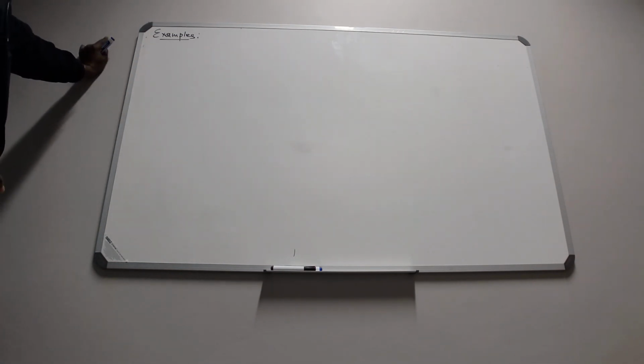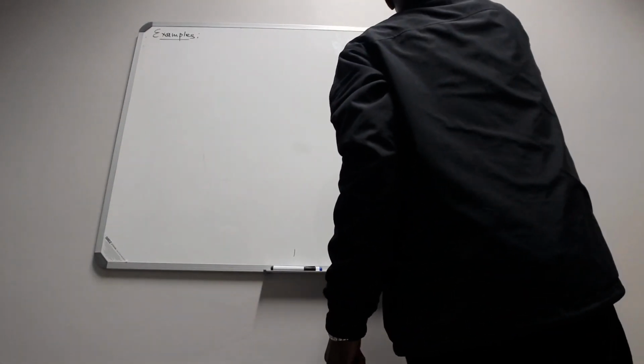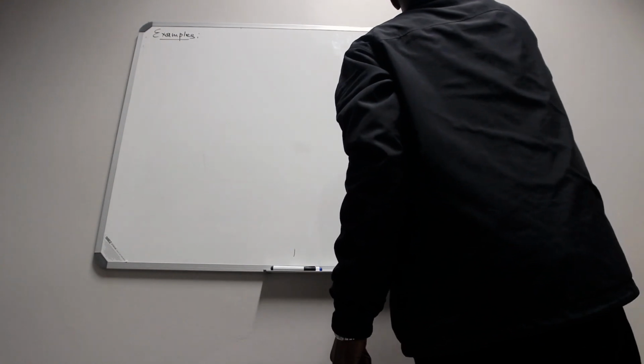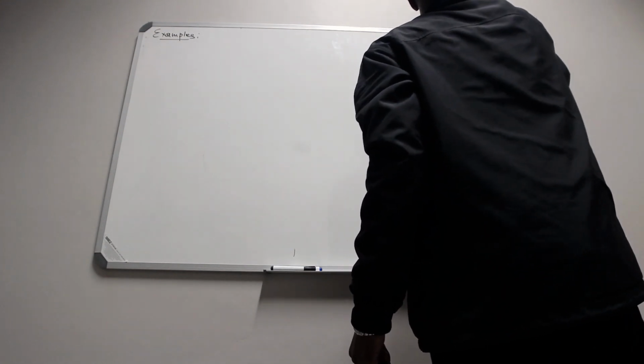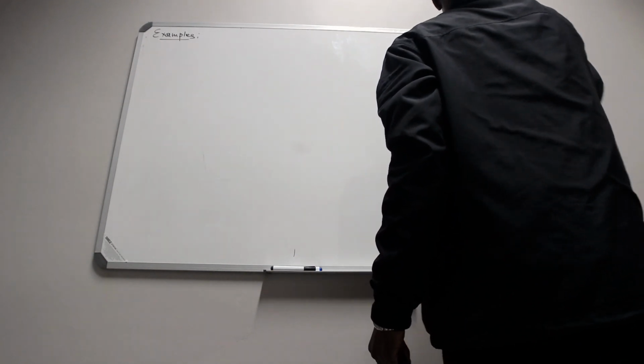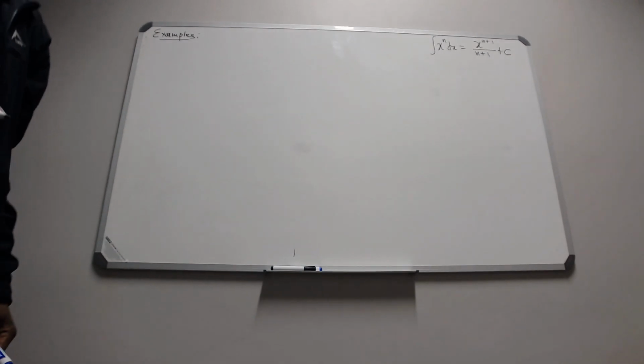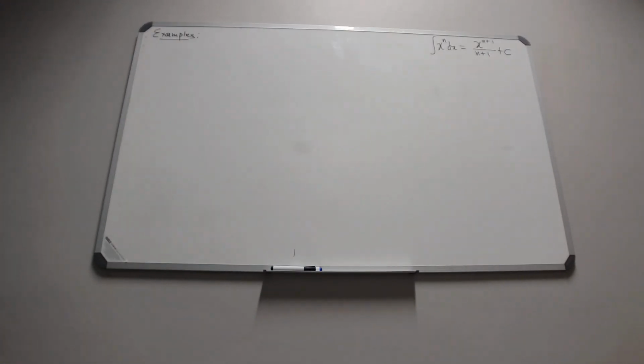Let us start off by looking at integrals like this, the integral of x to the n dx, which is x to the n plus 1 over n plus 1 plus c. This is found on page 4 of our learning guide. You can check all the examples there.